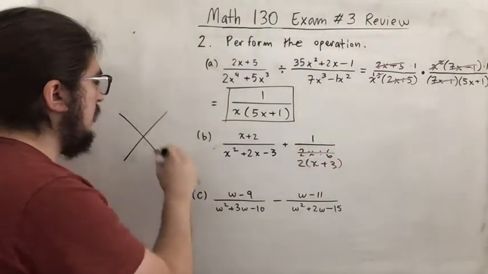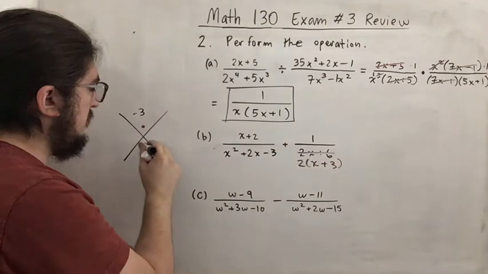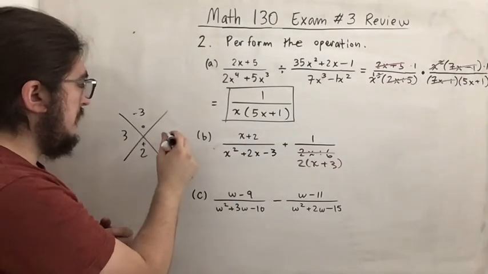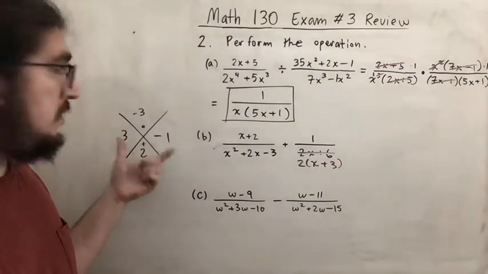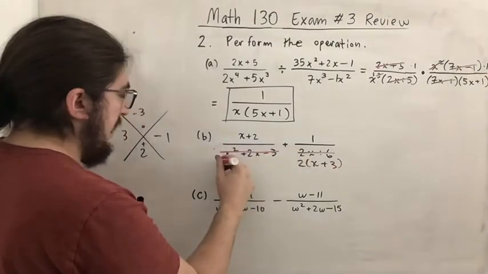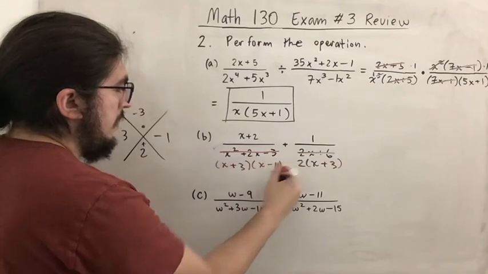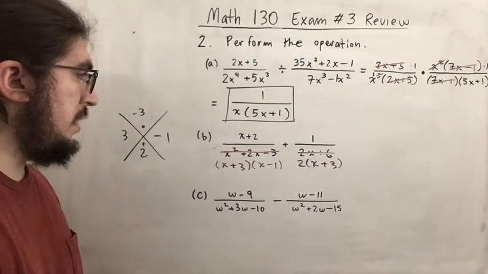The two numbers that multiply to negative 3, the last one, and add to the middle positive 2 are, well, I guess it has to be positive 3 and negative 1, I think, yep. Those add to positive 2 and they multiply to negative 3. So that means this guy factors as x plus 3 times x minus 1. Right, x plus this, x plus that. But since this is negative, x plus negative 1 is x minus 1.